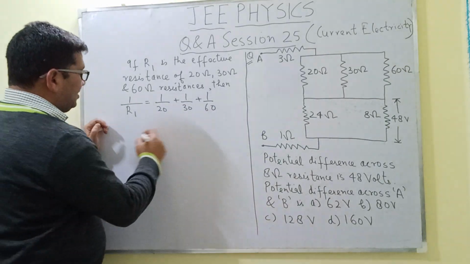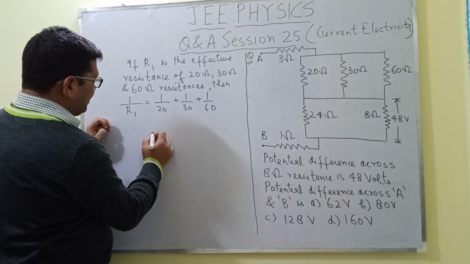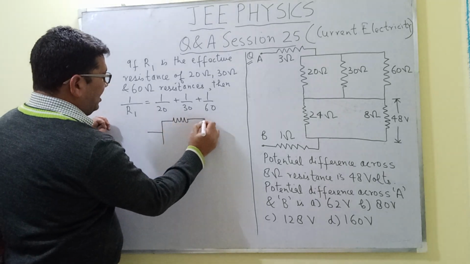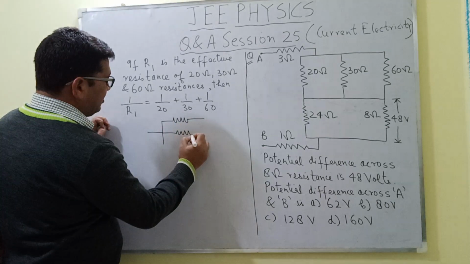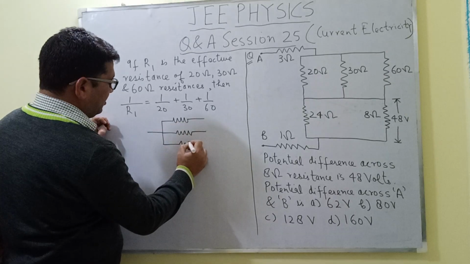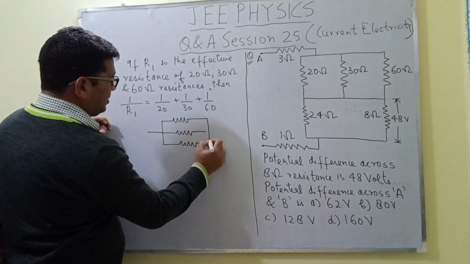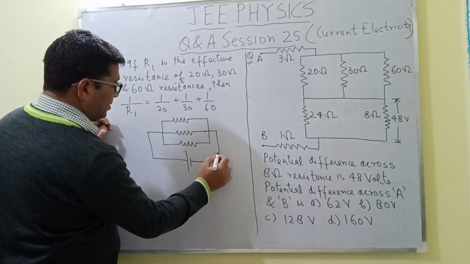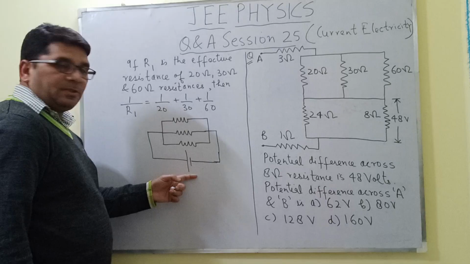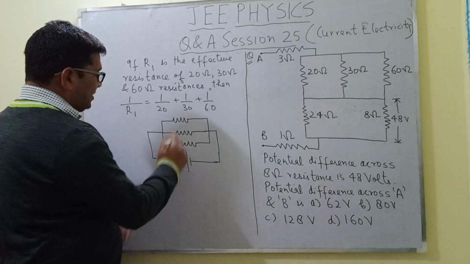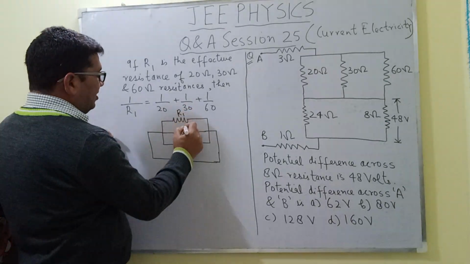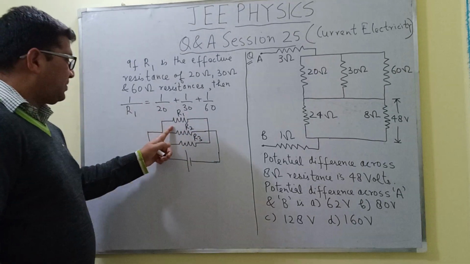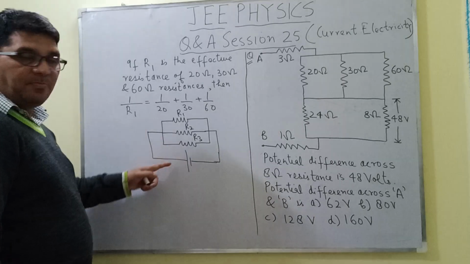Okay, because as we know that in the parallel combination, for example, if this is an electrical circuit, so this is the external EMF source and this is the electrical circuit where there are three resistors which are connected in parallel.